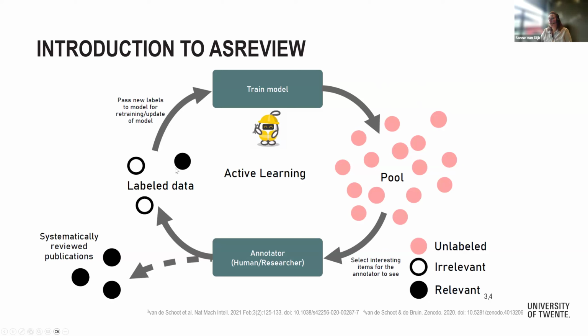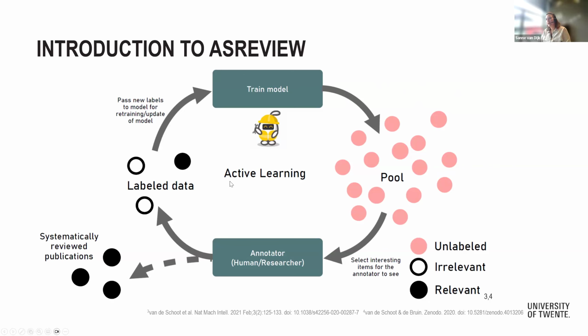So you label some, give the model, in fact, an example of a relevant paper and an example or two of irrelevant papers. Using that knowledge, the model is trained, and from this pool, it selects the article and shows it to you that the model estimates to be most relevant to you.